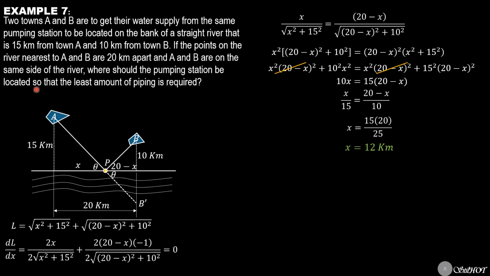And A and B are on the same side of the river. Where should the pumping station be located so that the least amount of piping is required?